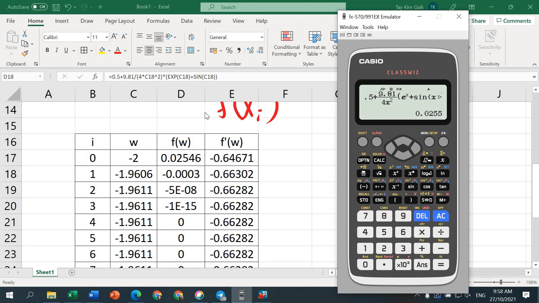Here, this one, this. This is the F prime W. So when you calculate W1, the A, B, C is actually W naught, F of W naught, F prime of W naught.